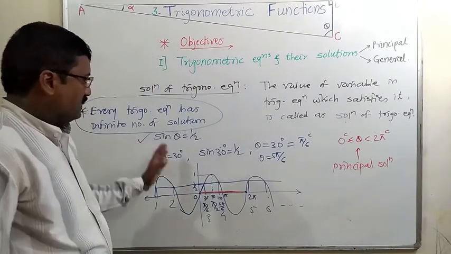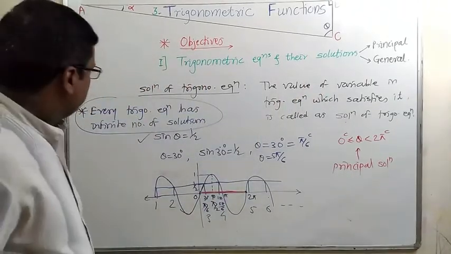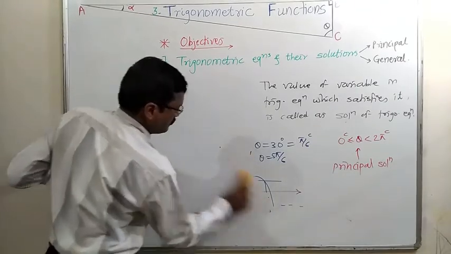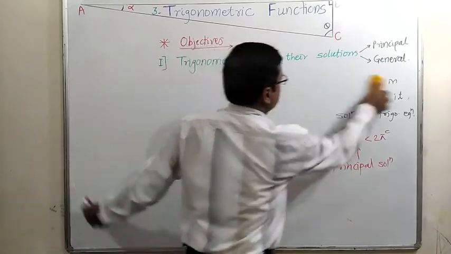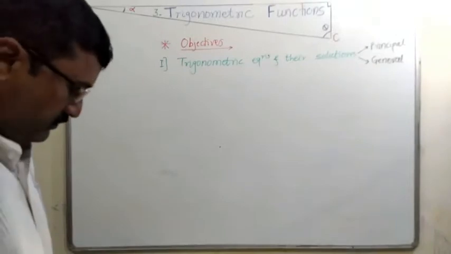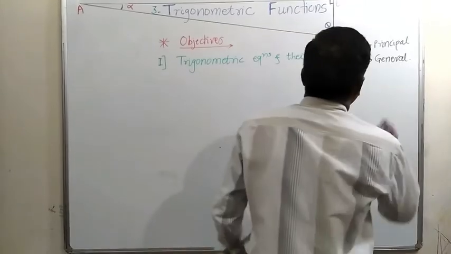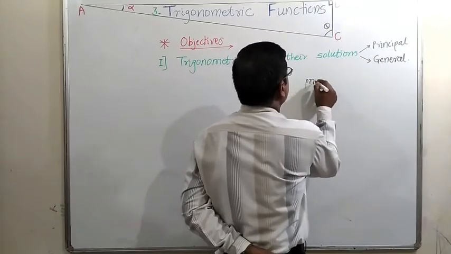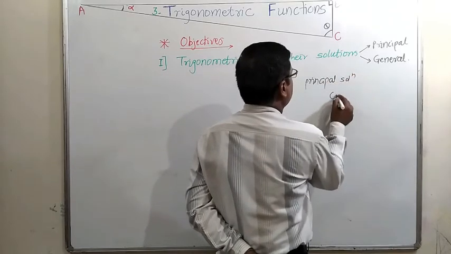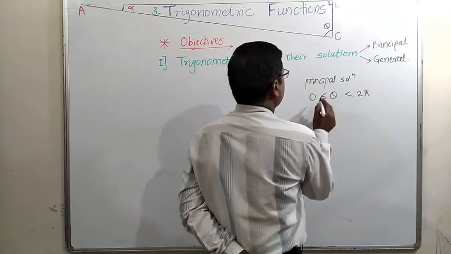So let us find the principal solutions of some trigonometric functions. So for principal value, theta is less than 2 pi but greater than 0.